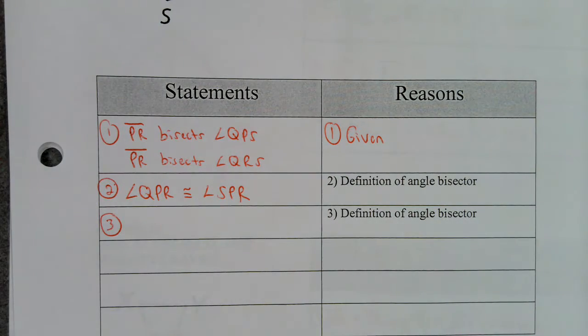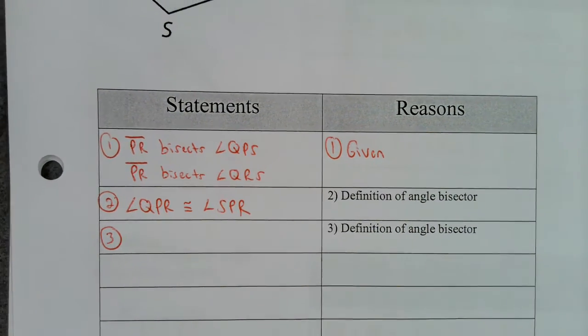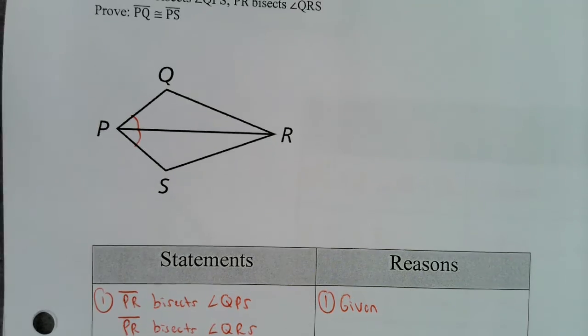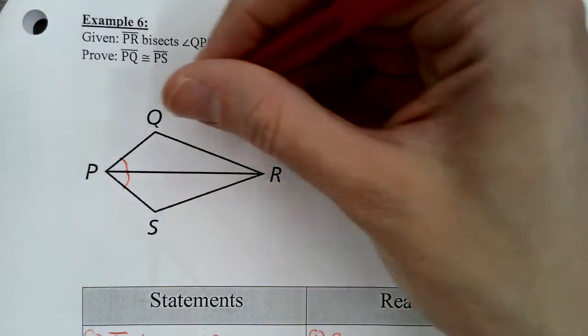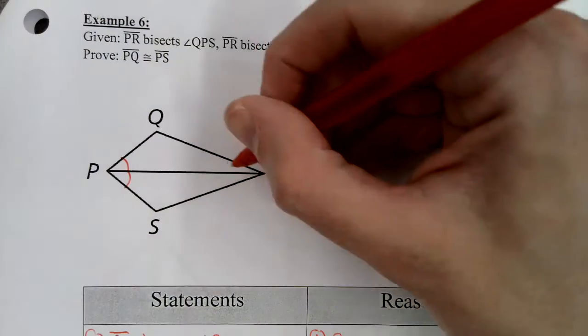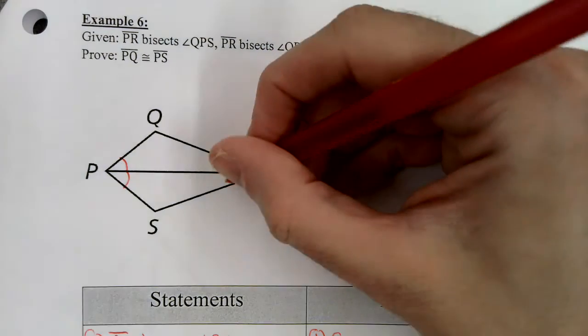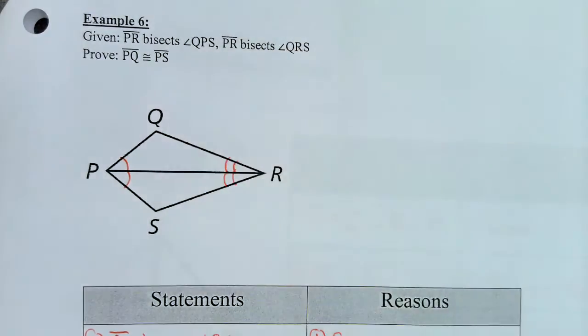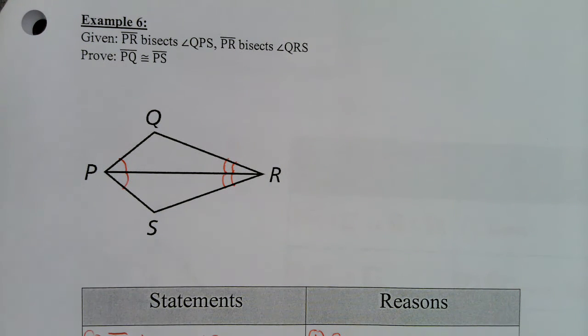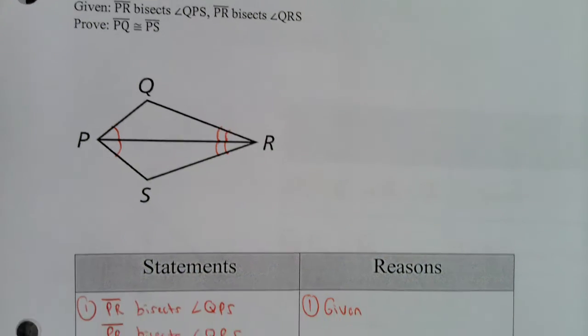Then I'm going to do the same thing with the other angle that's bisected. Angle QRS is also bisected, so it means angle QRS is cut in half. So the top angle is going to be congruent to the bottom angle. So I'll name that with 3 letters too to avoid confusion. And I'll say angle QRP is congruent to angle SRP.